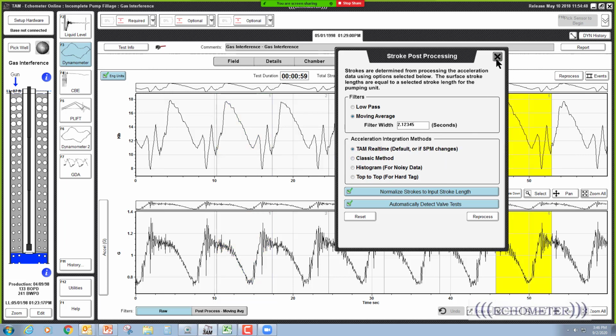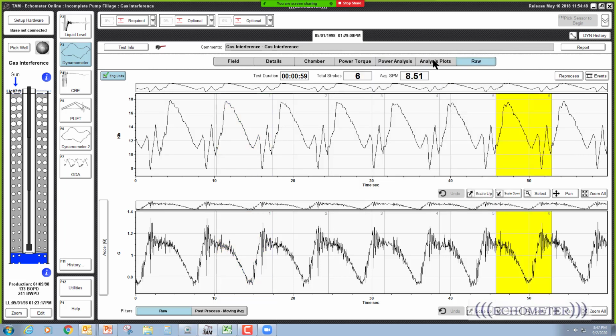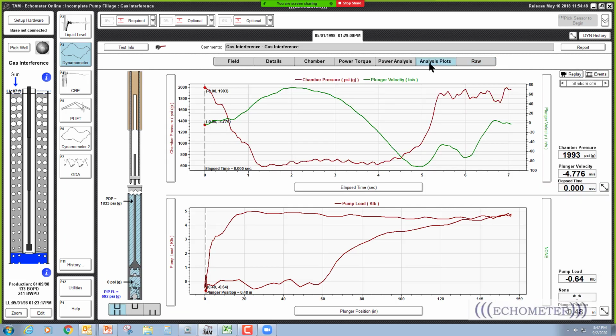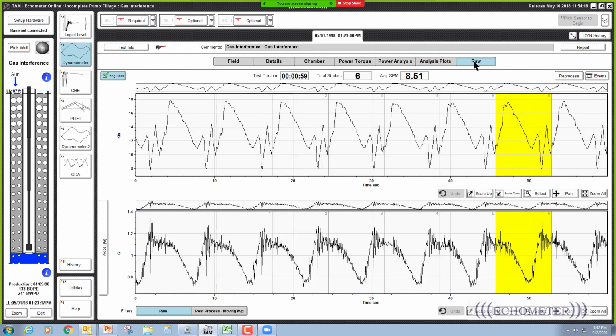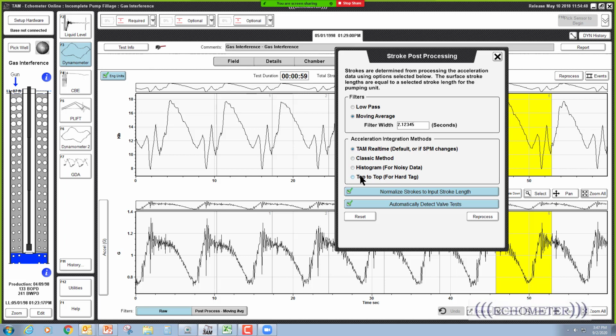And if we go look at that data on the analysis plot, it still looks the same. I'm not sure why. Okay, but anyway, you can process different types of data, load and position data, acceleration data, differently. The reprocess button is important sometimes when you have a tag at the bottom of the stroke. If you reprocess it top to top, the tag will go away if it's not a real tag.